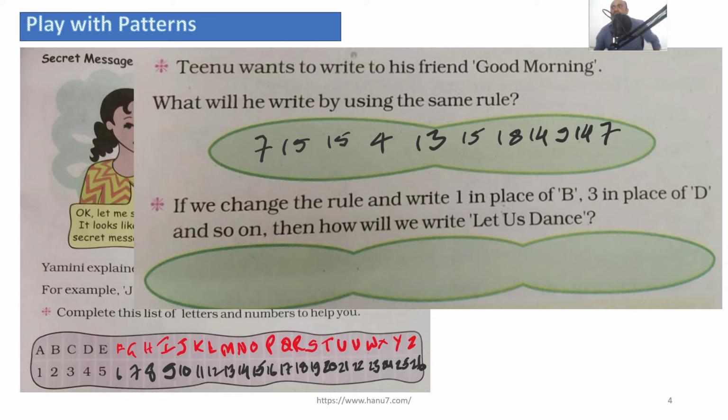In the next one we are supposed to write a code secret message for let us dance. So it is 11 4 19, for let us.